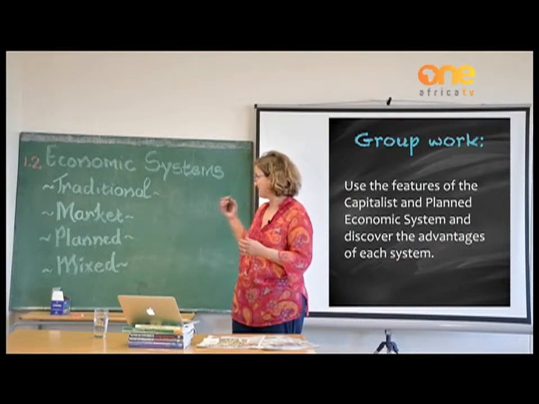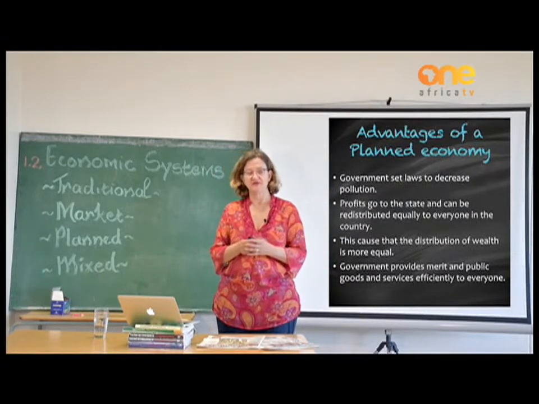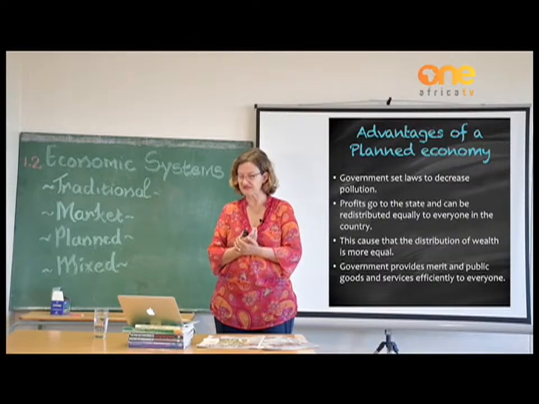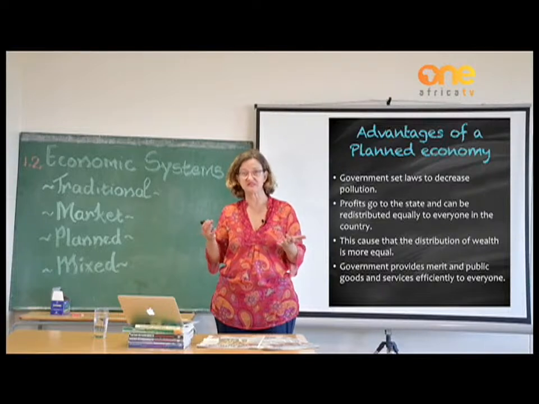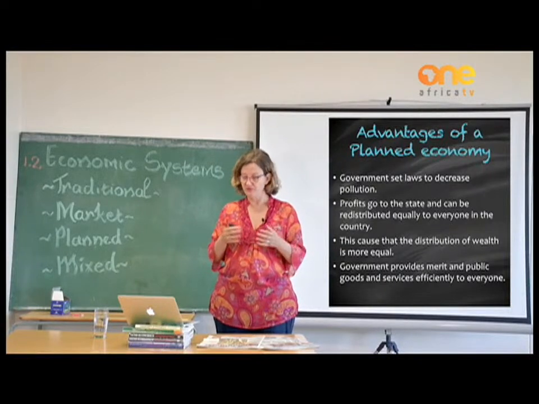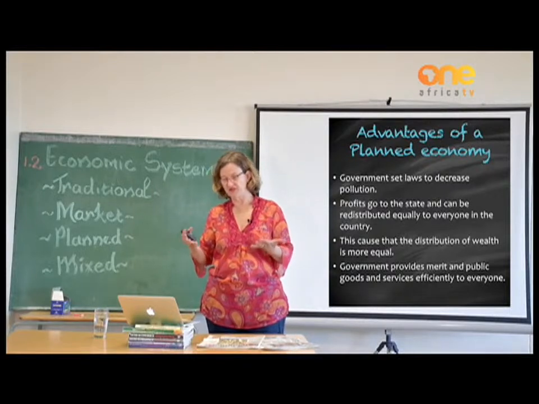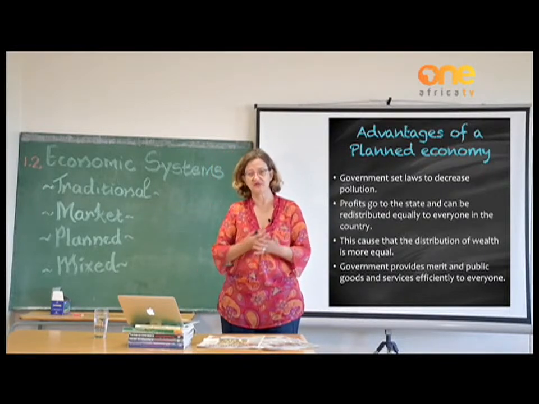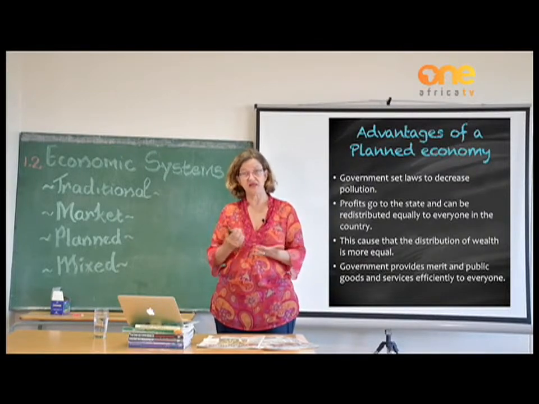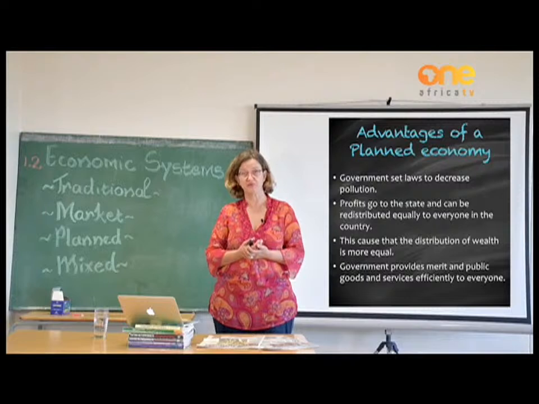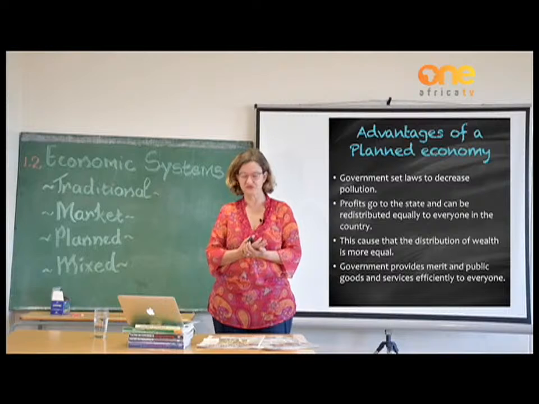Okay, if we look at advantages for a planned economic system, the one good thing is that the government take into consideration externalities like pollution, because they know how it affects the people in the country, and their main aim is not to make profits. As I've said, they look after the welfare of the citizens.